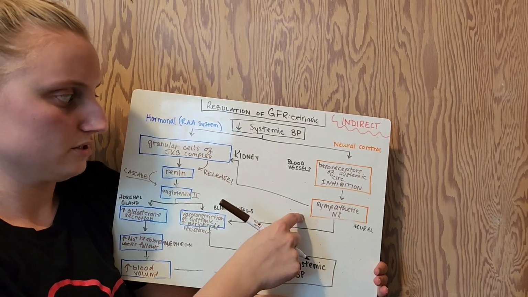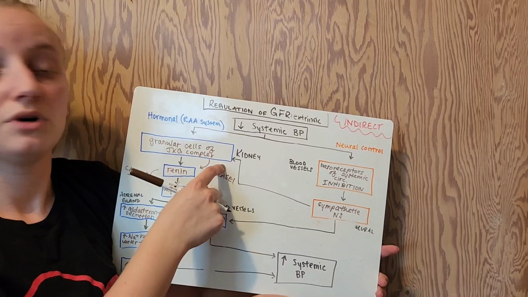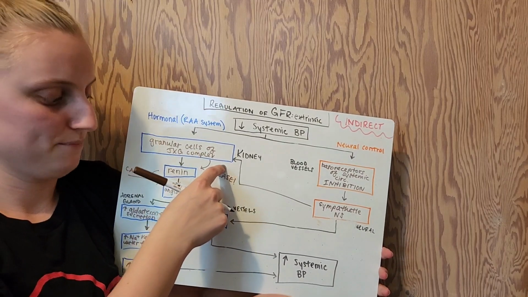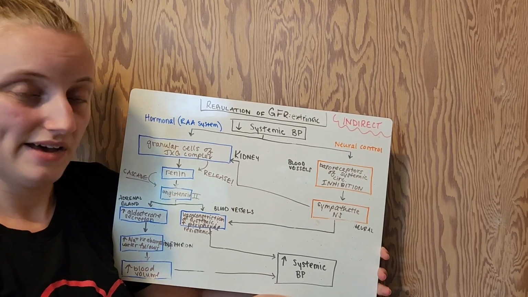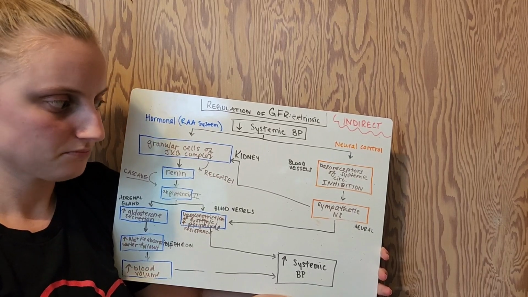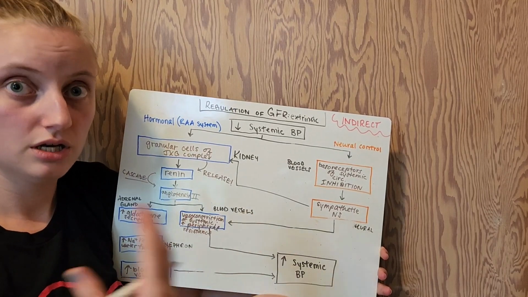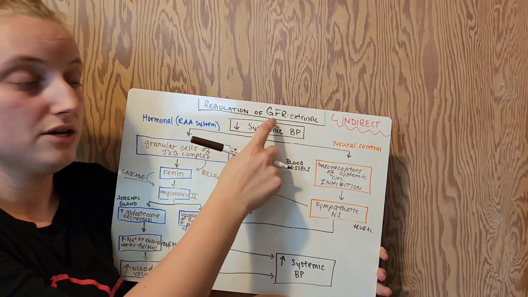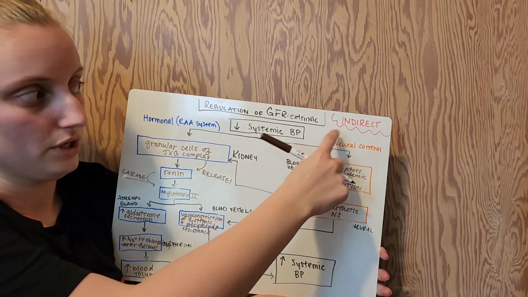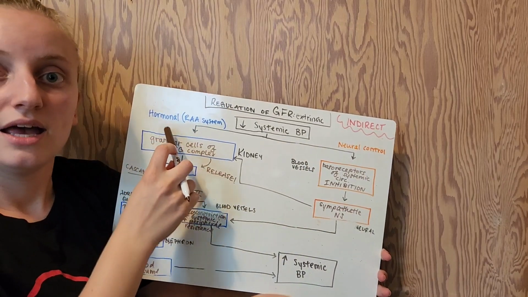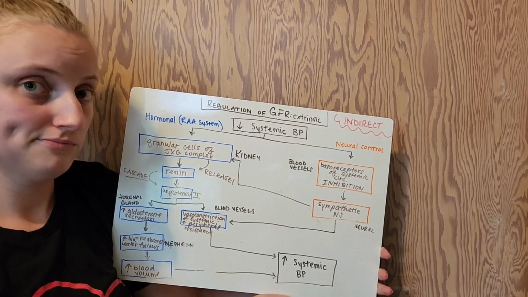Also, sympathetic nervous system talks to our glomerular cells in our kidney and has this whole humoral effect with our RAA system.